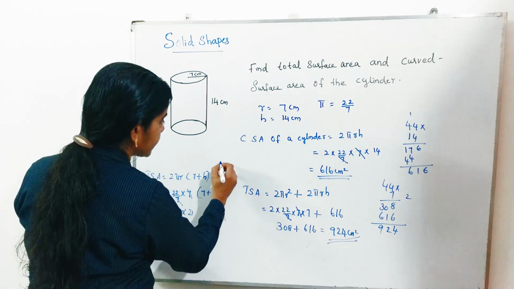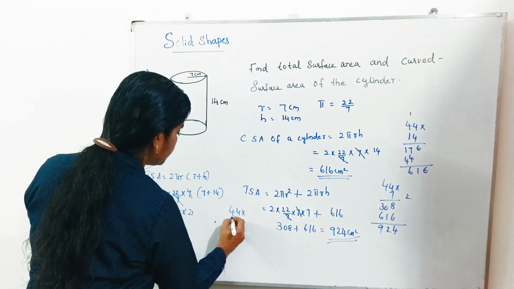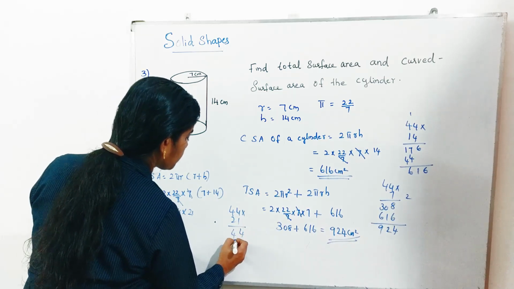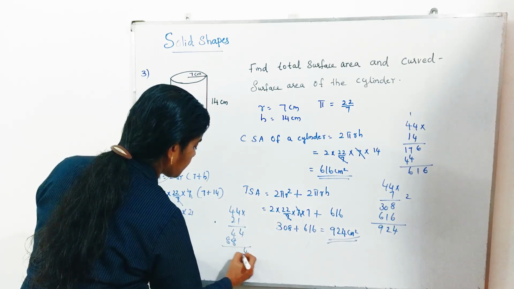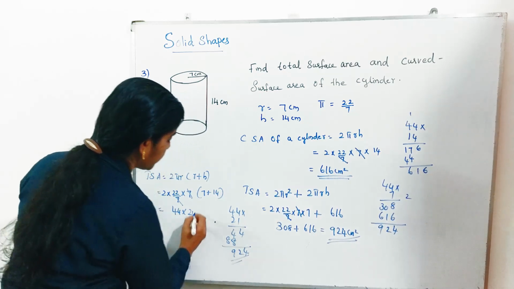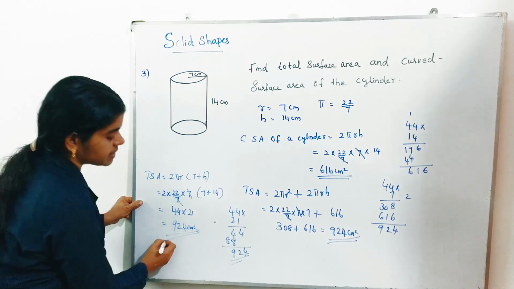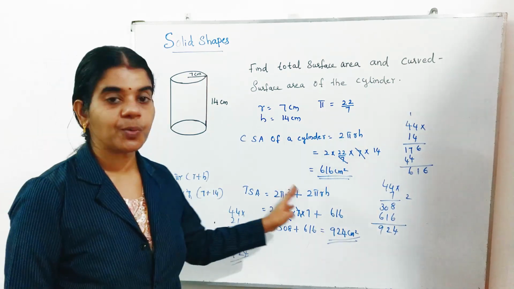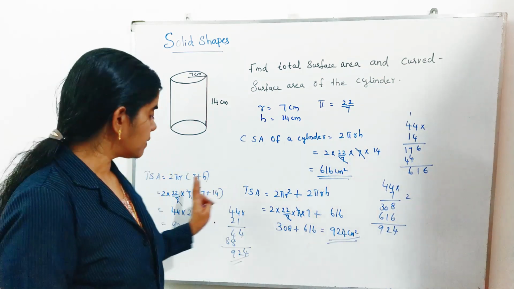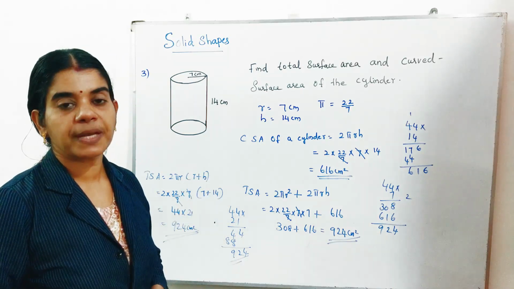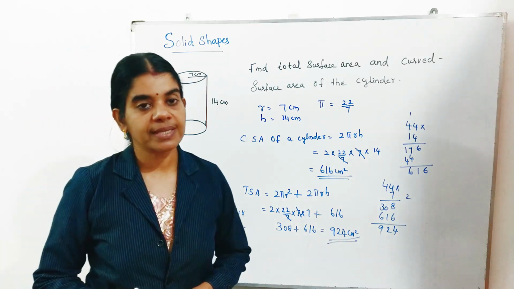Then also you will get the same answer, 44 into 21, 924. Any one method you can use. Curved surface area plus base area 2 pi r square, then also you will get. Otherwise directly you can apply the formula 2 pi r into (r plus h). Okay children, thank you.